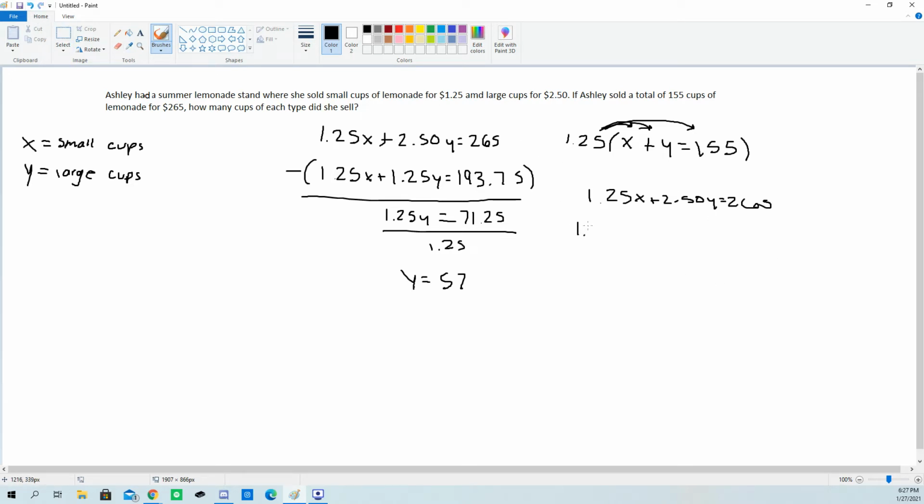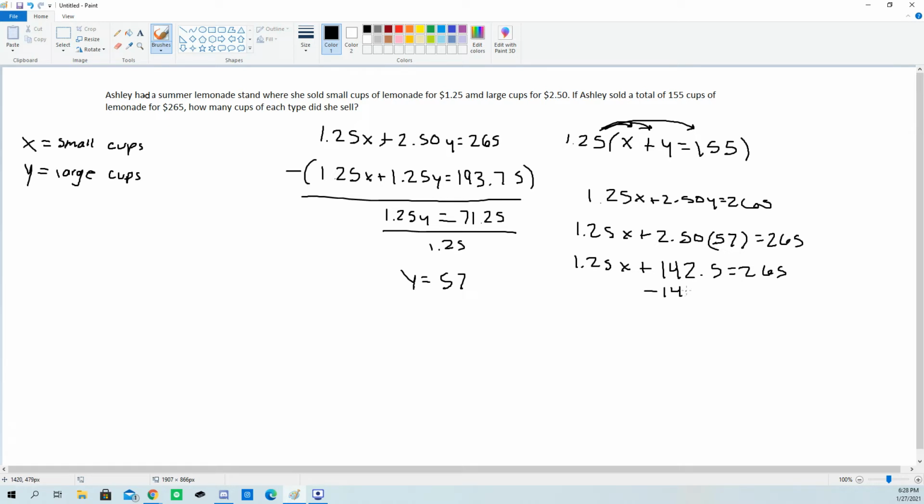So we have $1.25x plus 2.50 times our value we found for y, which is 57, equals 265. Or 1.25x plus, multiply those together, 142.5 equals 265.